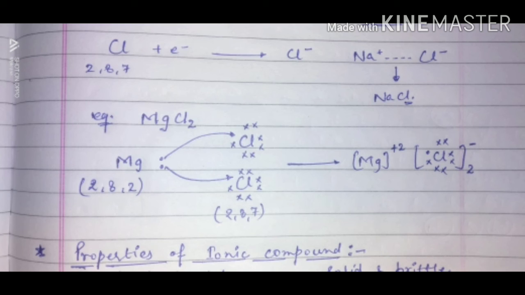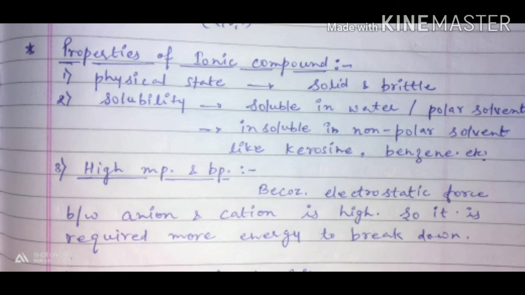Now student, a very important thing we need to understand is the properties of ionic compounds. It is very important from the exam point of view. First is the physical state. The physical state of an ionic compound is always solid and brittle. Solid you know, but what is brittle?